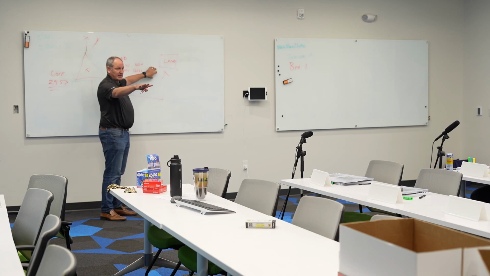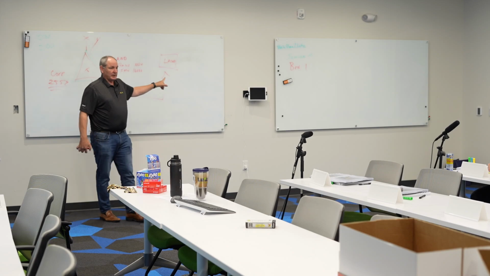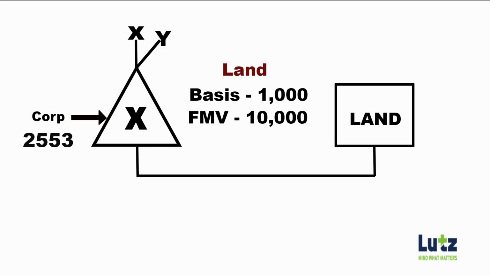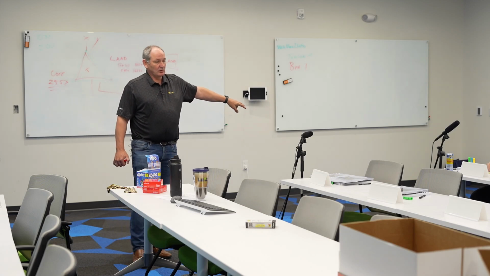And what Ben just said is if I want to extract that piece of land out of that corporation, the fair market value of that land is $10,000. Basis is $1,000. By virtue of pulling it out of the corporation and putting it into the shareholders' hands, it is a taxable event. It's as if the corporation sold the property.